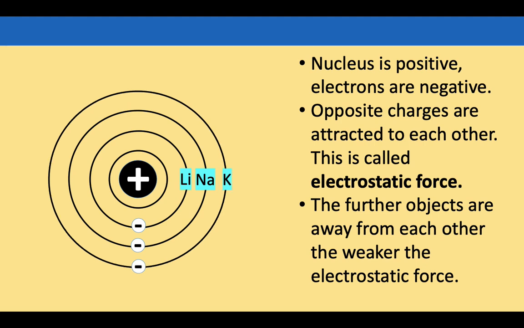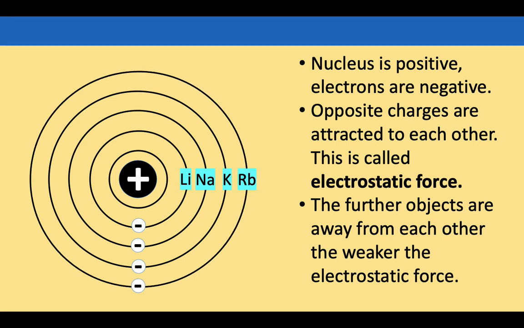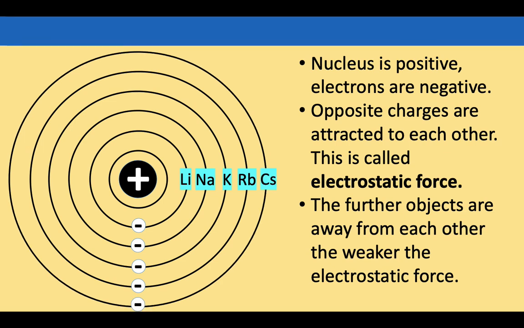Let's carry on. So there's potassium. Its outer shell electron is even further away from the nucleus, and those electrostatic forces are getting even weaker. And then we carry on to rubidium, which is still further away, and then cesium, which is a long way away from the nucleus compared to lithium, which is really close.